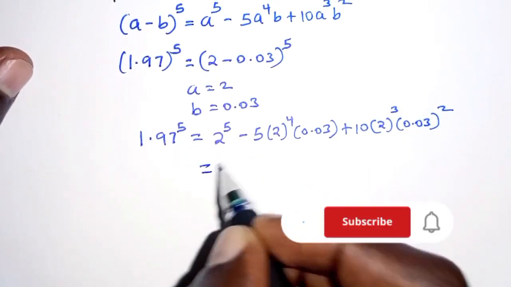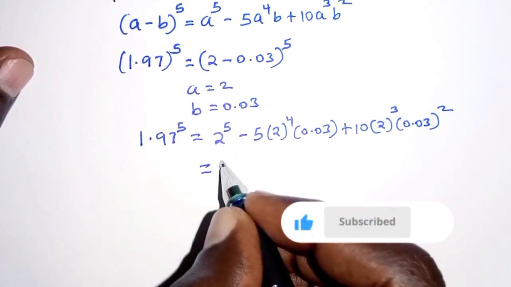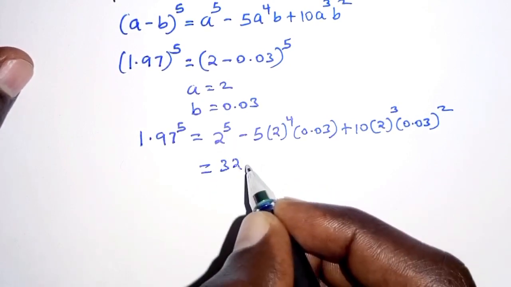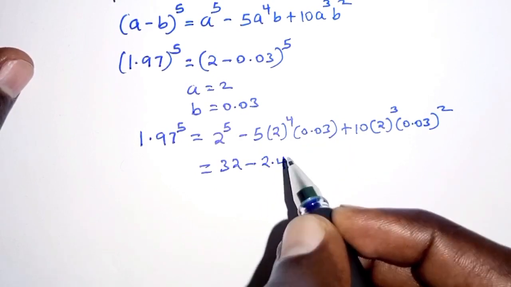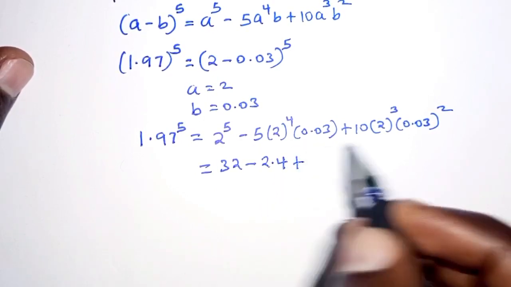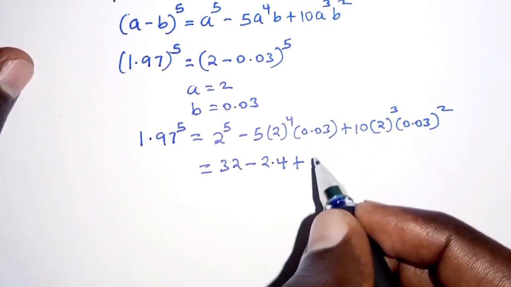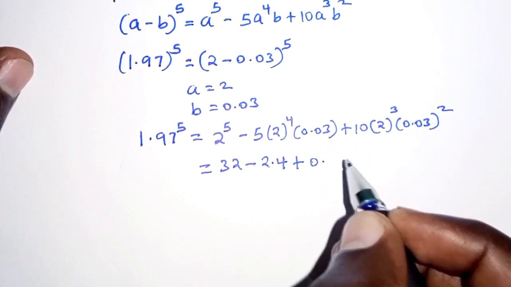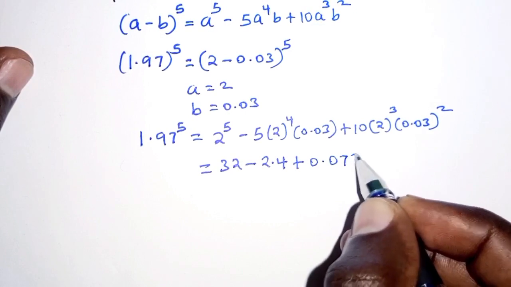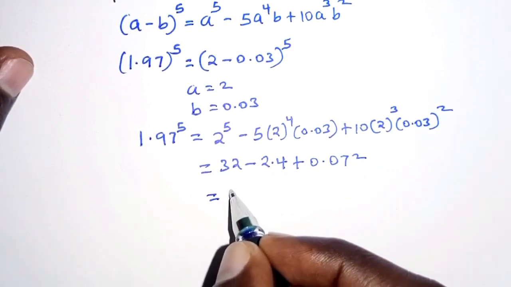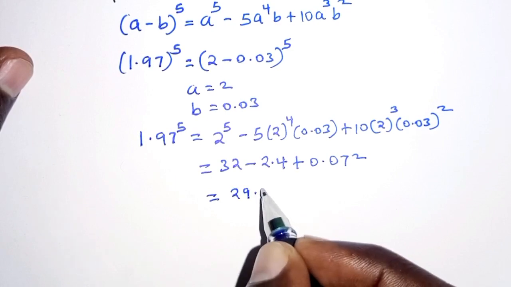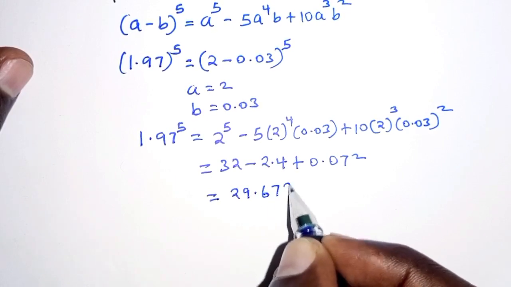When these are worked out, 2^5 becomes 32, minus the second part, which becomes 2.4, and plus the last part, which becomes 0.072. Working this out, we get 29.672.